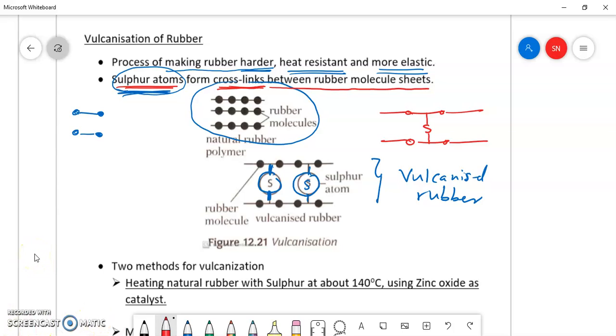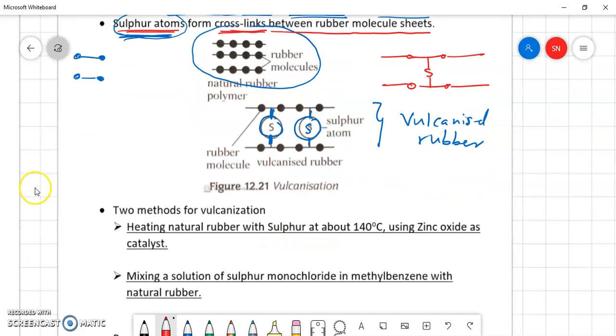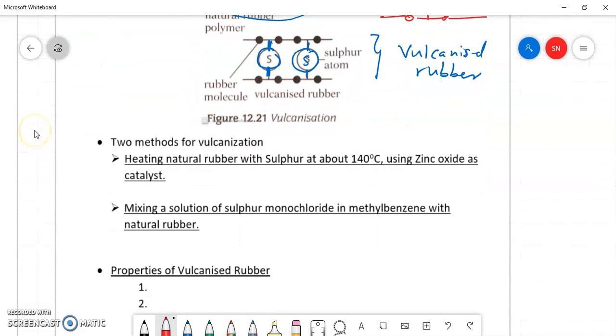There are two methods for vulcanization, that means two ways to add sulfur atoms into the rubber molecule. The first method is heating natural rubber with sulfur at about 140 degrees Celsius. It just involves heating, that's all, and a catalyst, as always, makes the reaction faster.